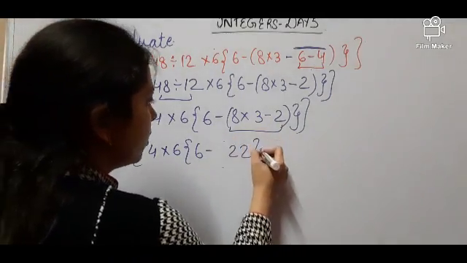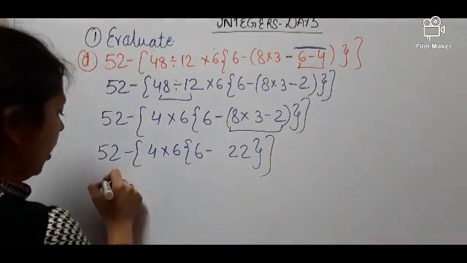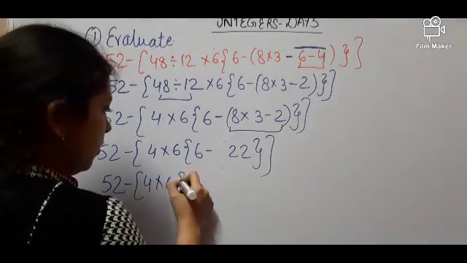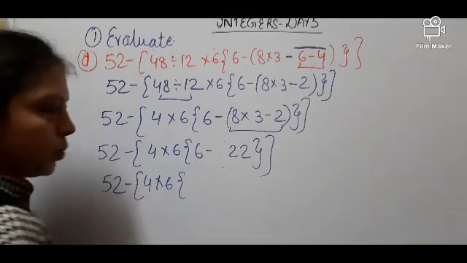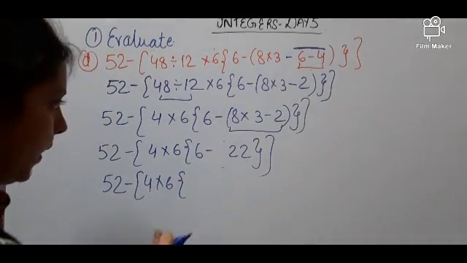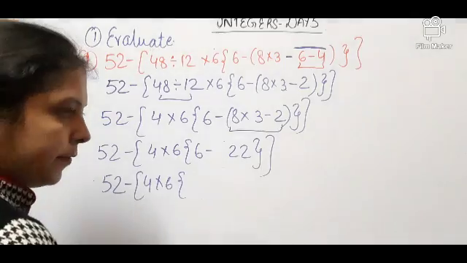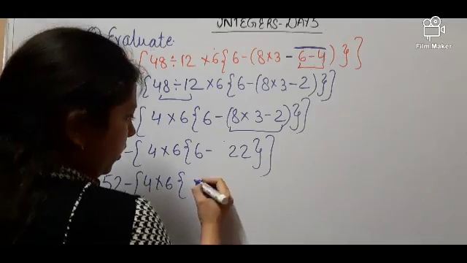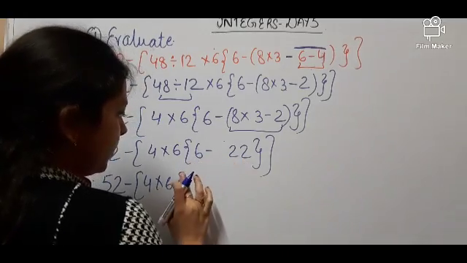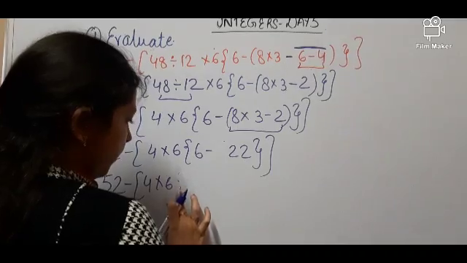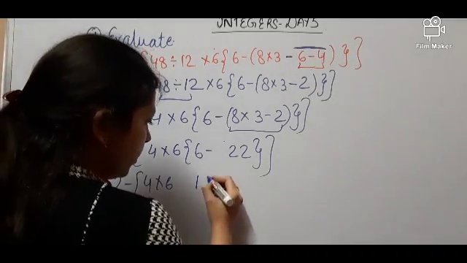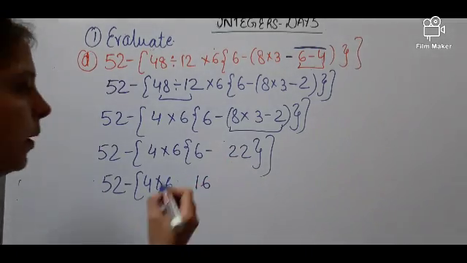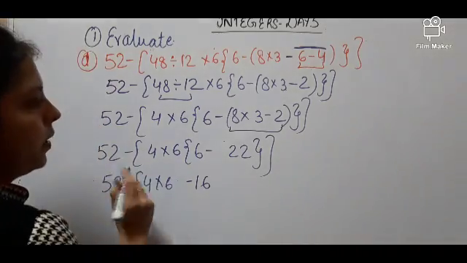Remove this bracket. Now 6 minus 22, that means plus minus minus. So 22 minus 6 gives you 16. It will give you 16, and as the big number is preceded by a negative sign, negative 16 will be here.